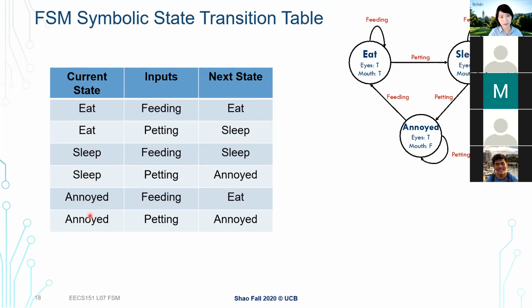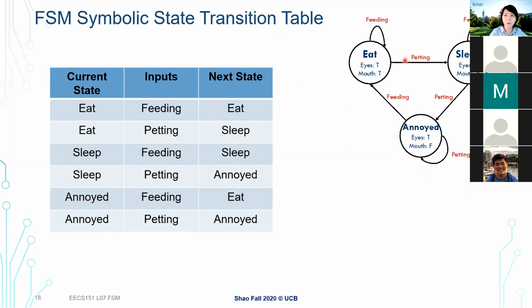So we have 3 states, but we have 2 kinds of inputs: either the cat is being fed, or the cat is being pet. For each current state, we could have different inputs. So in this truth table, we list all the possible combinations of the current state and different input combinations, which could lead to a different next state, right?